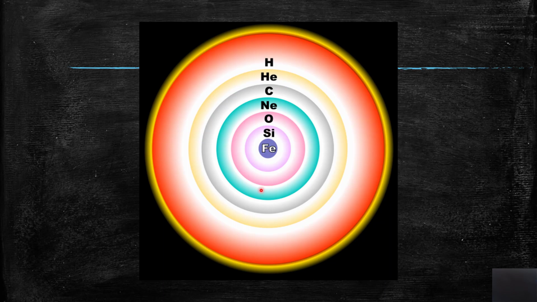Okay, and then if this star eventually dies and goes into a supernova and explodes, it throws those elements out into space, and that is the origin of all the material we're made of, these supernova explosions from way back in the past in the universe. That's what they mean when they say we are all made of star stuff. We are literally made of elements made in the hearts of stars.